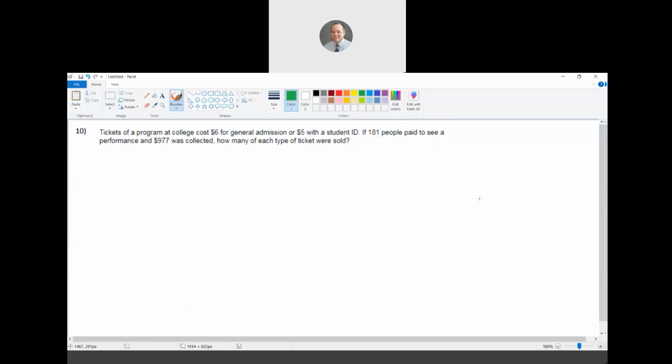Let's stop here and label our X and Y. Our X is general admission, and our Y is with ID. If 181 people paid to see a performance and $977 was collected, how many of each type of ticket were sold?